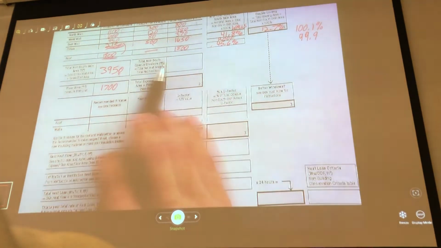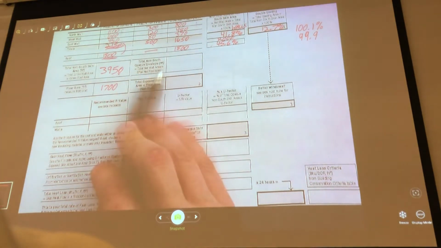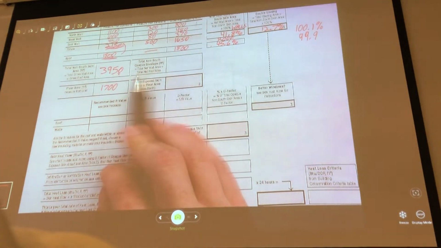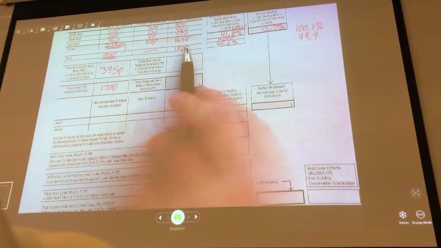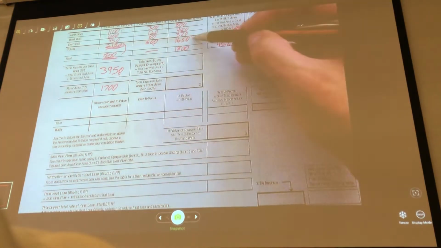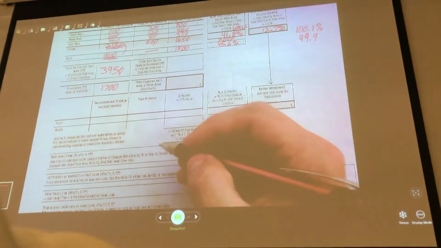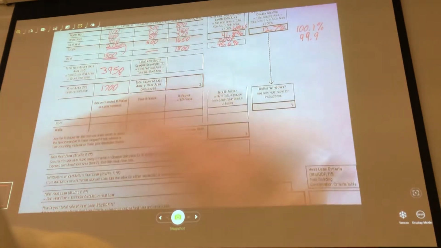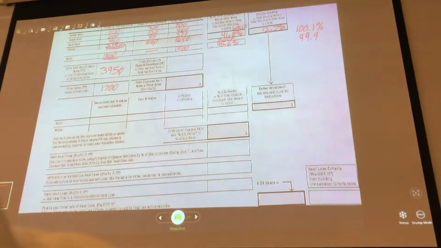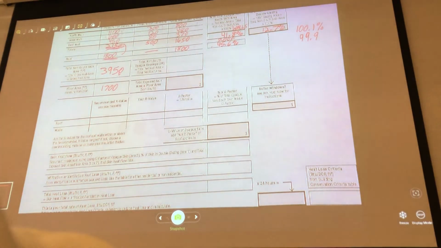Our total non-south opaque envelope area, which is your total net wall plus your total net roof area, just gives you your overall opaque area. It's not going to mean that much. If you want to know what it is, by all means, you can fill this out. If not, you can leave it completely blank. It's not really going to help us with our overall calculation here. It's just additional information should you choose to use it.